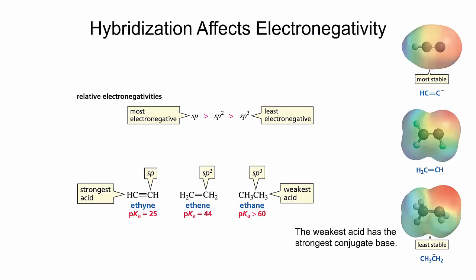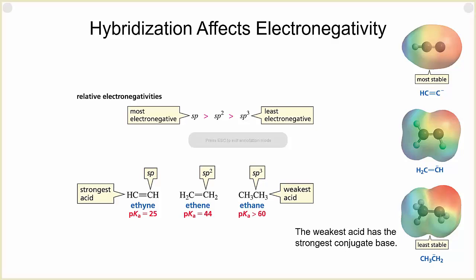Finally, there's hybridization. This is the newest of the ideas that we've presented to you. In Chapter 1, we talked about hybridization, and for those of you in 3A, that was a new idea. But we'll notice that if it's sp hybridized, it's going to have more s.